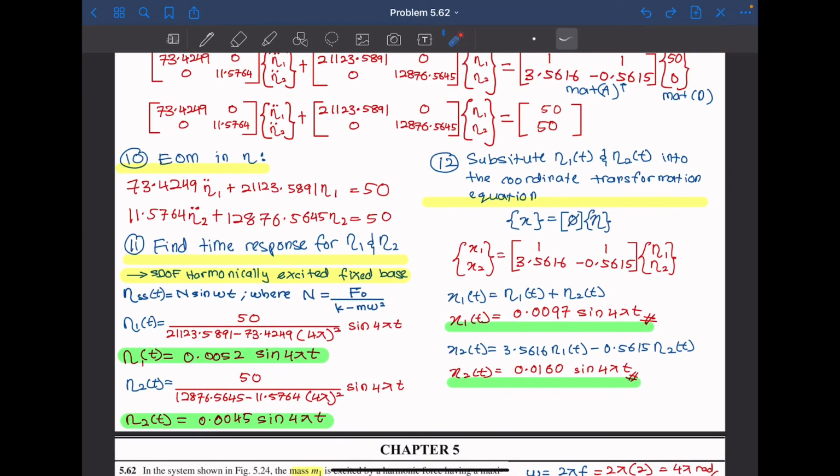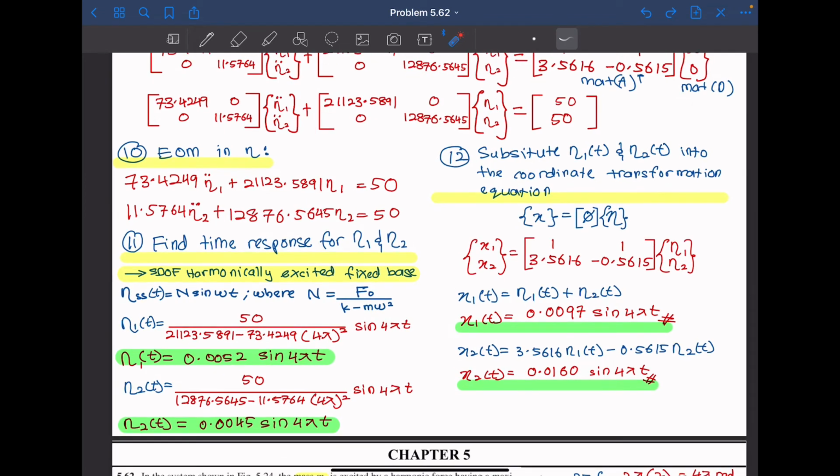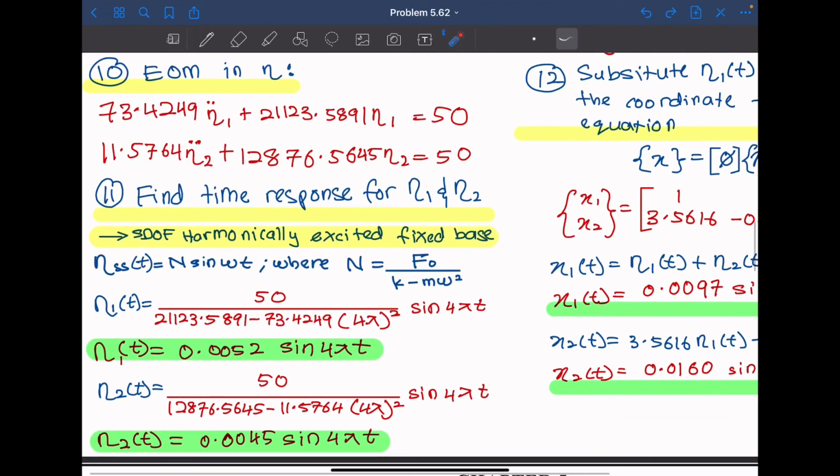Next, you have to find the time response for eta 1 and eta 2. How are you going to do that? At steady state response, for eta n equals sine omega t, where the formula for your n is f naught over k minus m omega square.